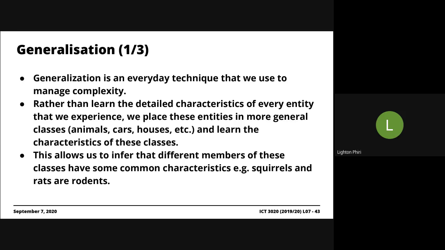Examples of typical objects that you can generalize are animals, because you have different species, or cars, because you have different types of cars, or houses, like apartments and townhouses. The idea is you predefine characteristics and operations or methods in the generalized class, and then the more detailed class only includes things specific to that particular class. I hope you discussed this in 2019. I think you did.